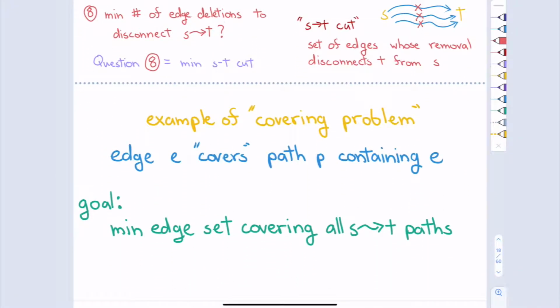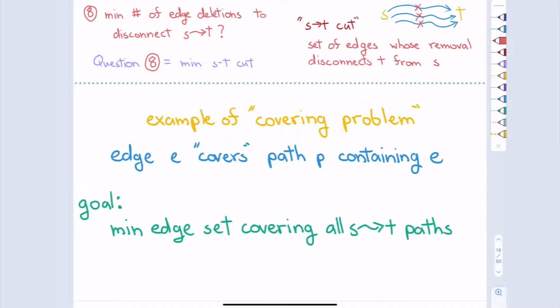But this would be an example of a covering problem, so to speak. The way to think of it is like this. I want to take the minimum set of edges so there's no more paths left going from S to T. Another way to phrase that is to take a set of edges so that for every S to T path, you're taking at least one of those edges.